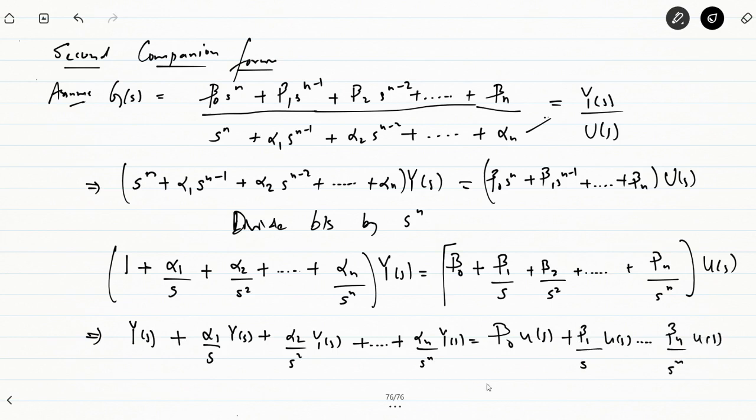Simply multiplying, here we will keep only Y(s) on the left hand side. All the other terms on the left hand side will be shifted to the right hand side.